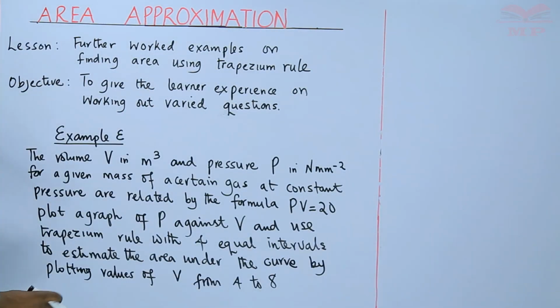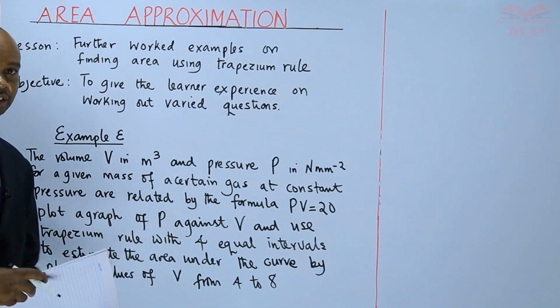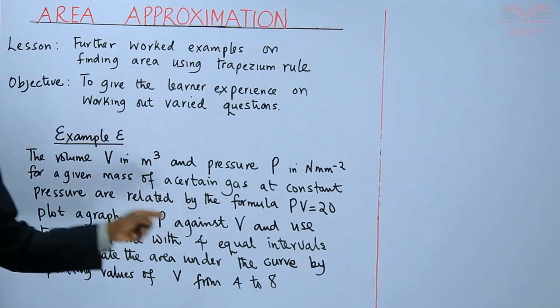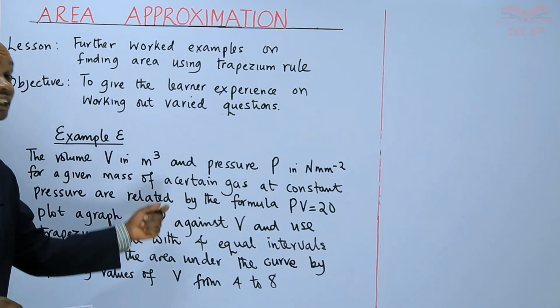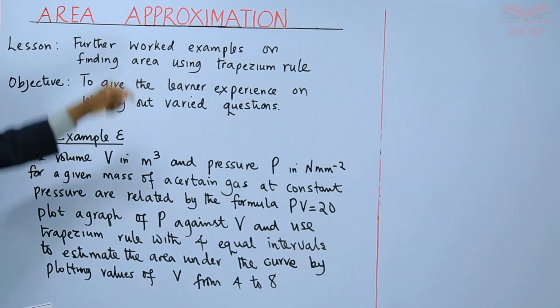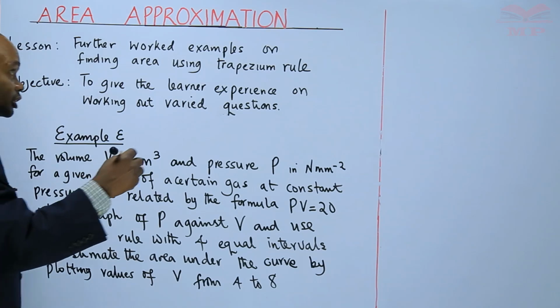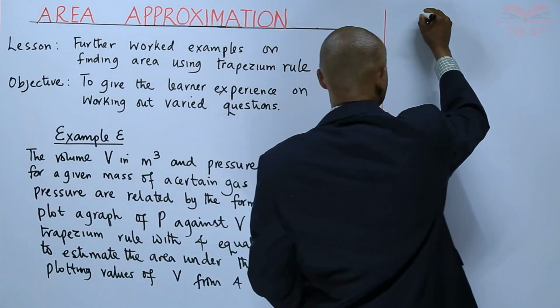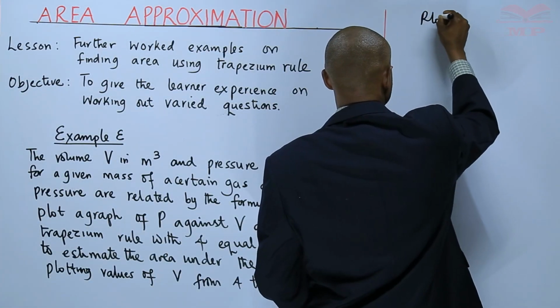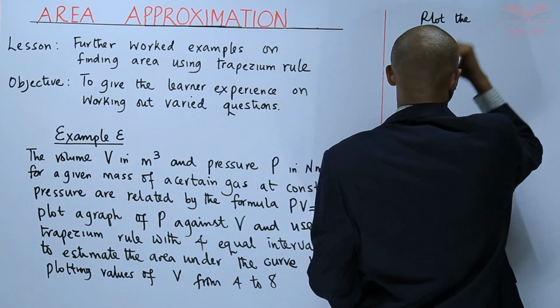So what will guide us through the question is for us to plot those values, P against V. When they say P against V, what they start with is always on the vertical axis. So the first procedure is to plot the graph.